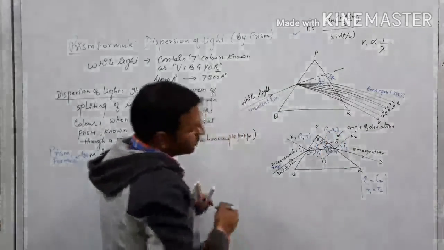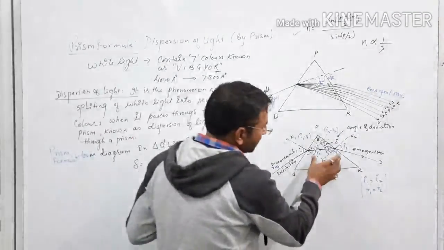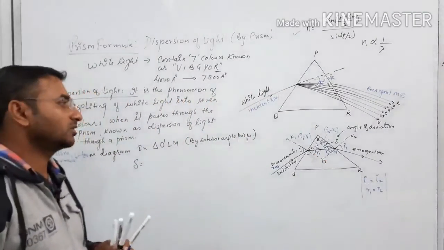You can see the diagram from your book. If you have any doubt or confusion in this diagram, if the diagram is complicated, you can see it in your book.